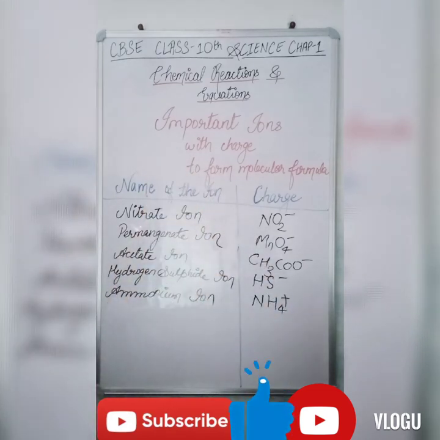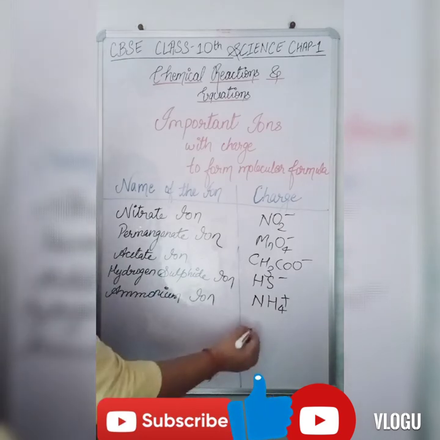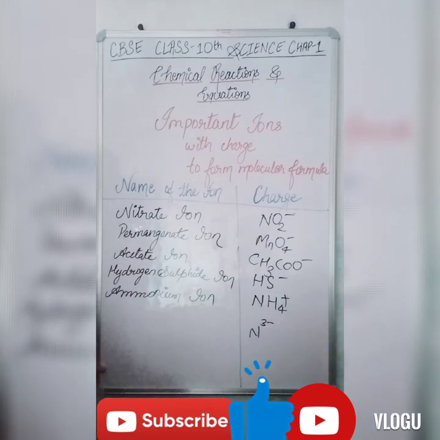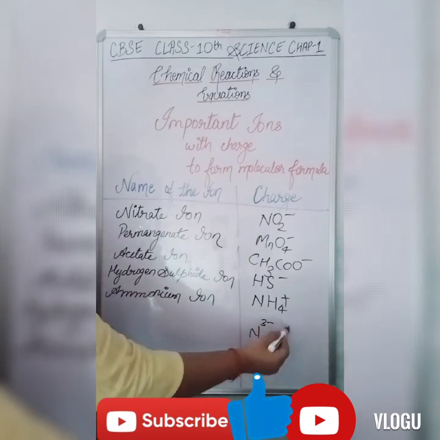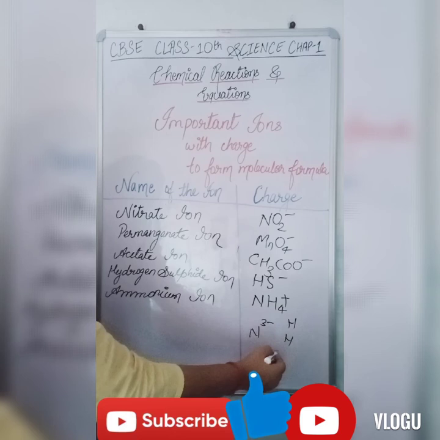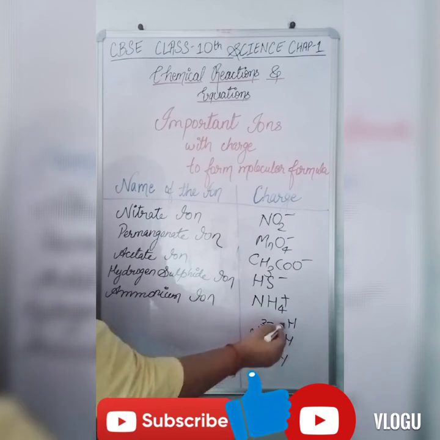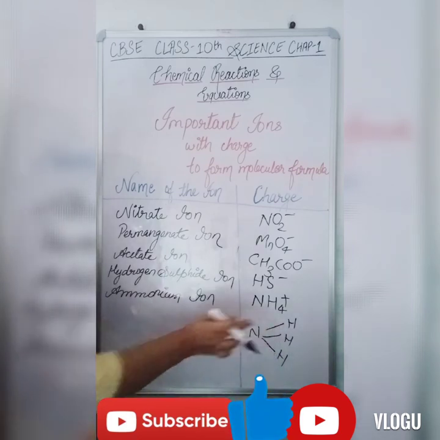Why here NH4 plus? Because we have already studied that nitride ion has 3 minus charge. That means if it can combine with 3 hydrogens giving 1 electron each, its minus 3 charge will be balanced.